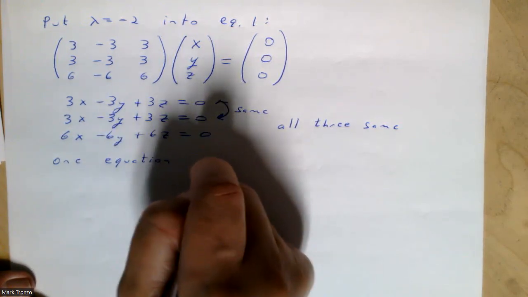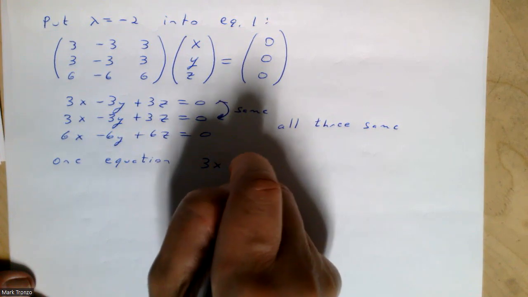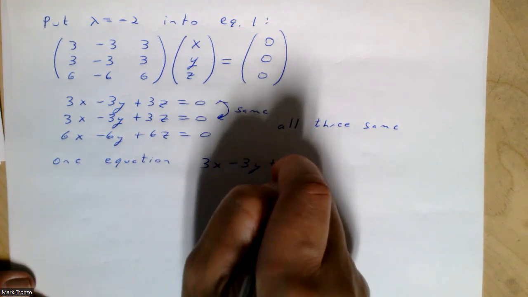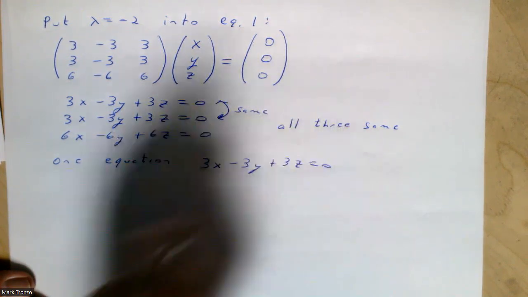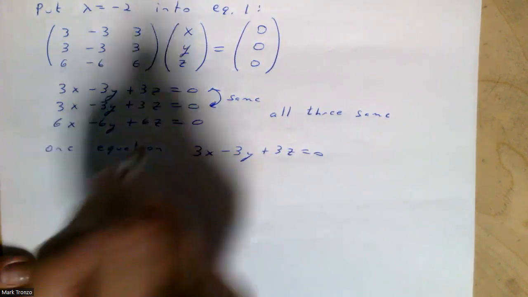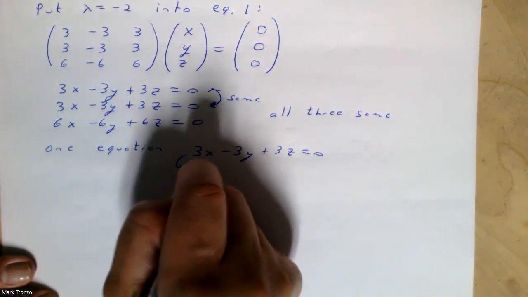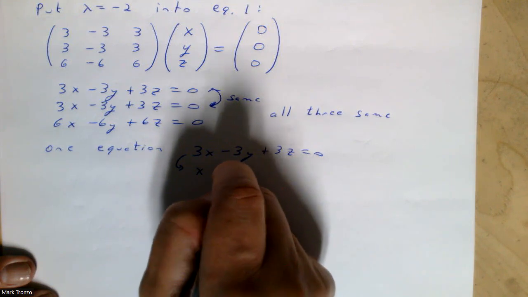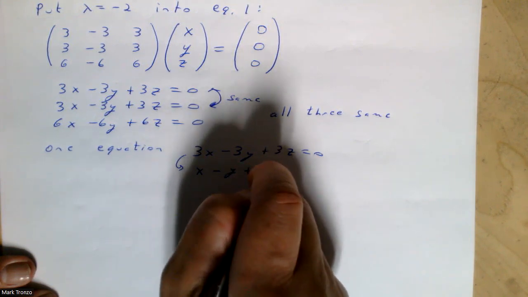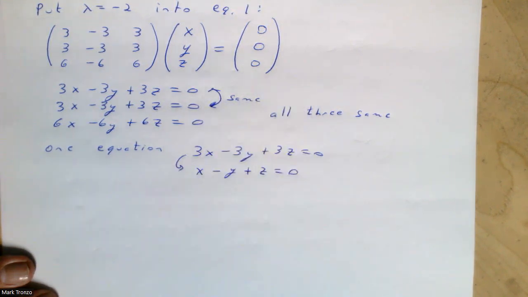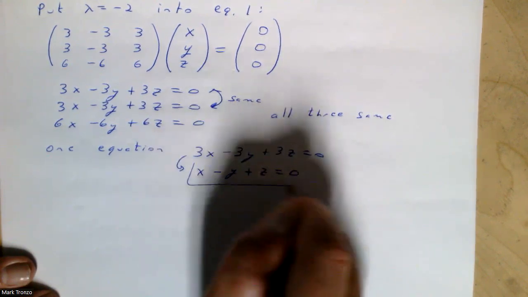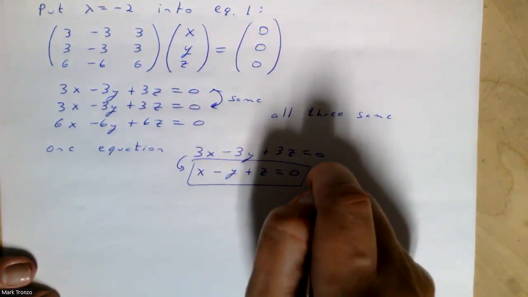Let's call it 3x minus 3y plus 3z is 0. In fact, you can even reduce it more by dividing by 3: x minus y plus z is 0, like that. Now we have one equation and three unknowns.